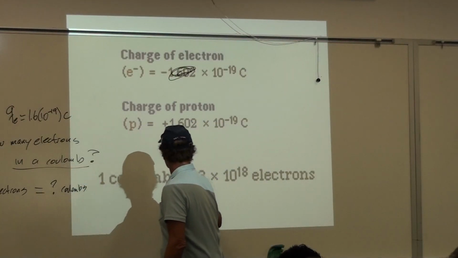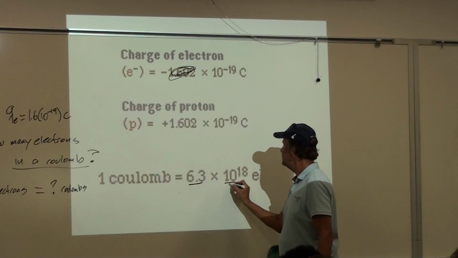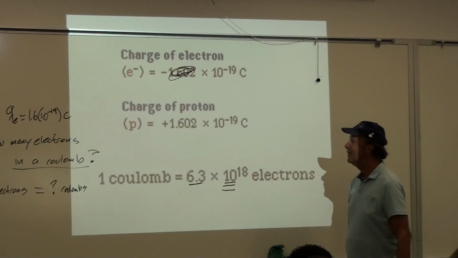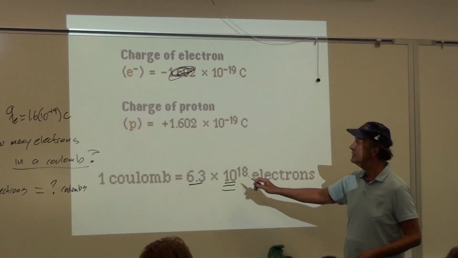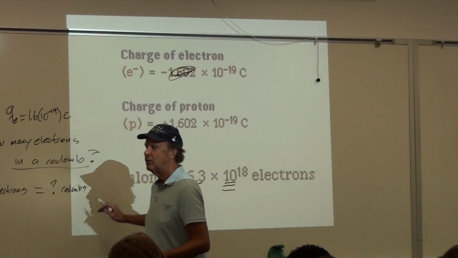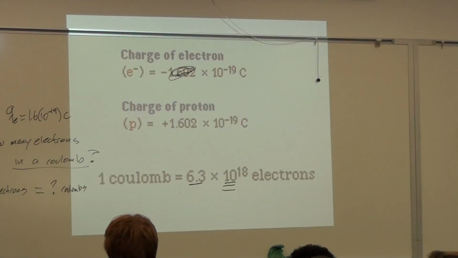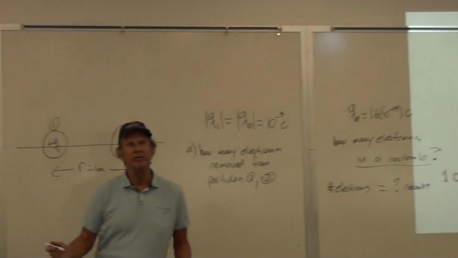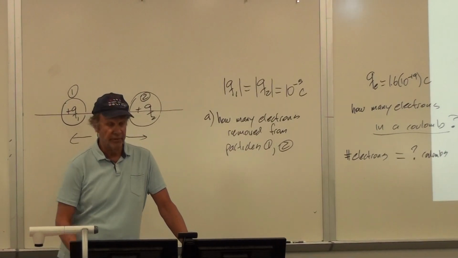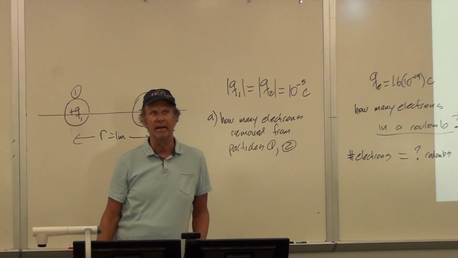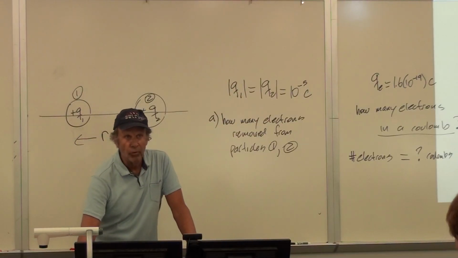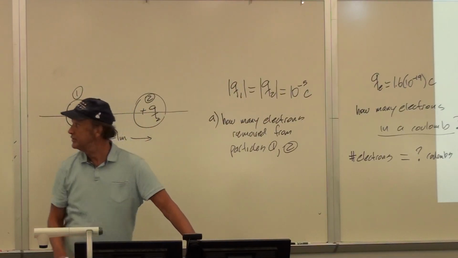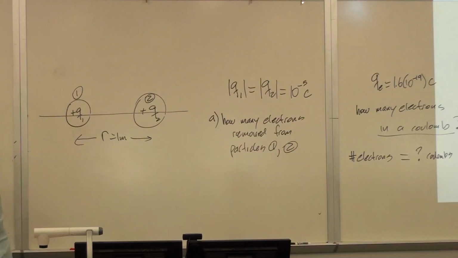And so that's about 6.3 times 10 to the 18 electrons equals 1 coulomb. That's an incredible number of electrons. So why are we using this unit for charge? Well, because that's typical of the flow of electrons through an electrical device. For example, this monitor we're looking at here might have a coulomb per second worth of charge flowing, which is what we define as 1 ampere.